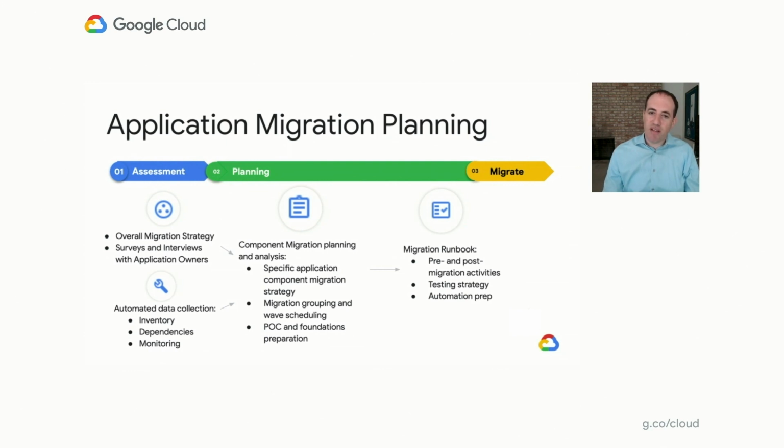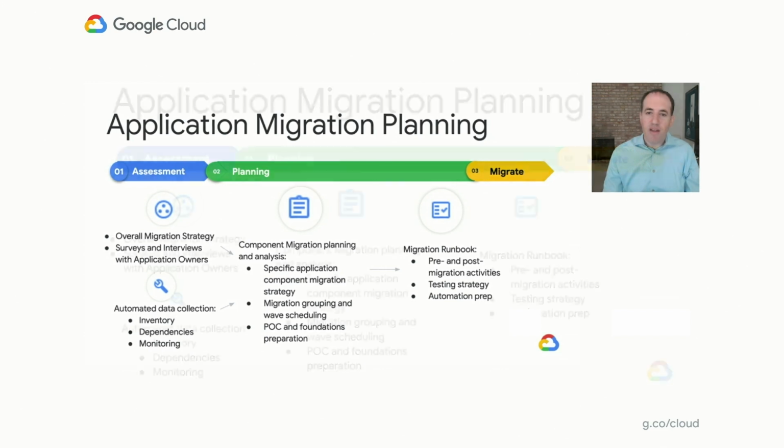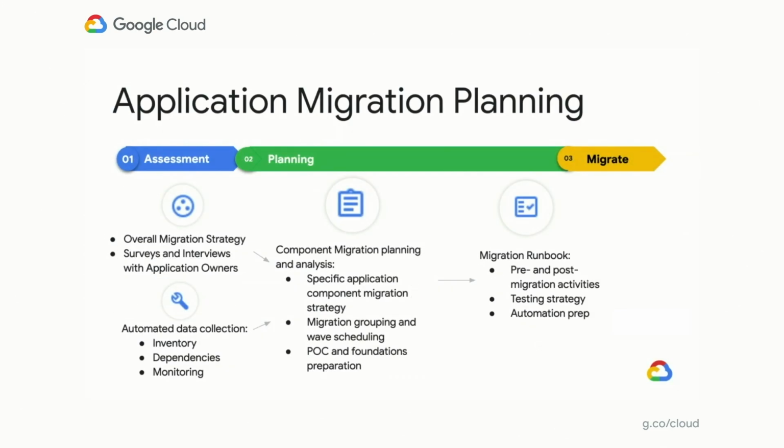The plan you build for the specific application migration or application component migration at this stage might differ from the default path. And even within the default migration strategy that you have defined, there are various patterns that can be used.